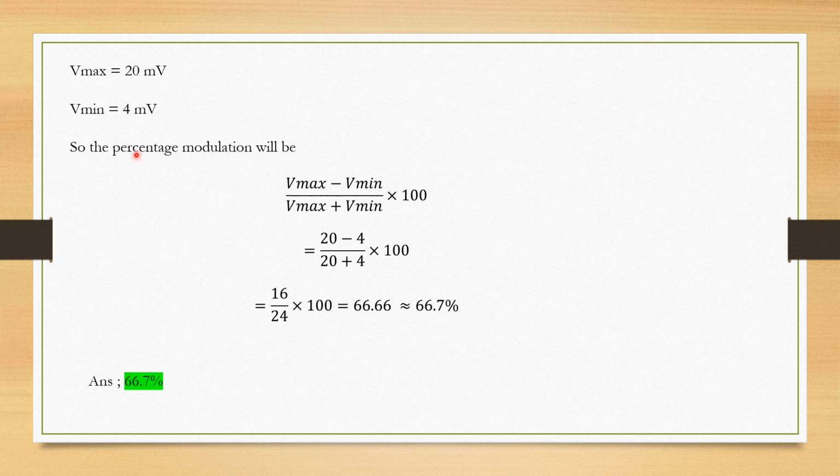Here it is given that Vmax is equal to 20 millivolt and Vmin is equal to 4 millivolt. So the percentage modulation will be Vmax minus Vmin whole divided by Vmax plus Vmin into 100. By putting these values in this equation, we find that the percentage modulation will be 66.66, that is nearly equal to 66.7%.